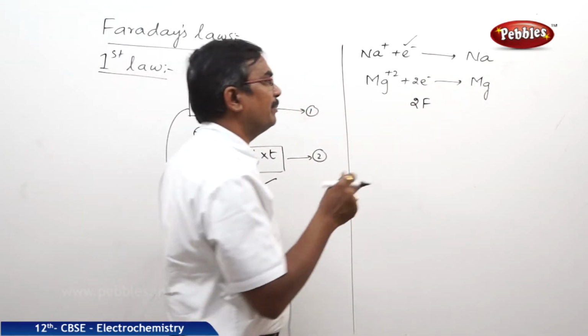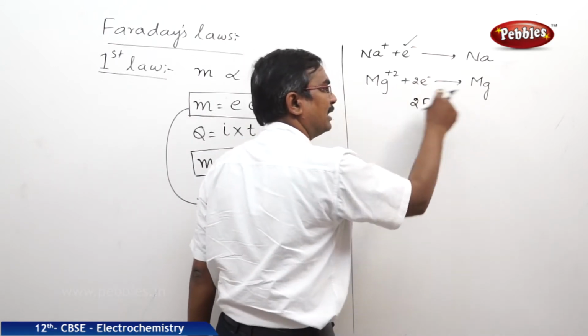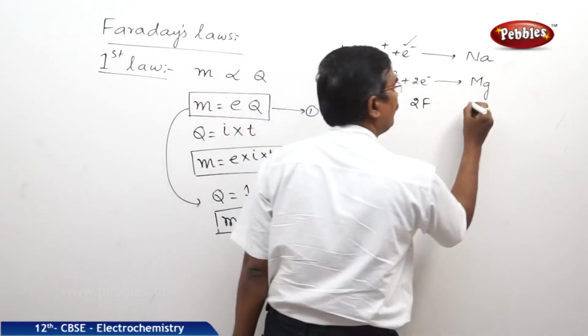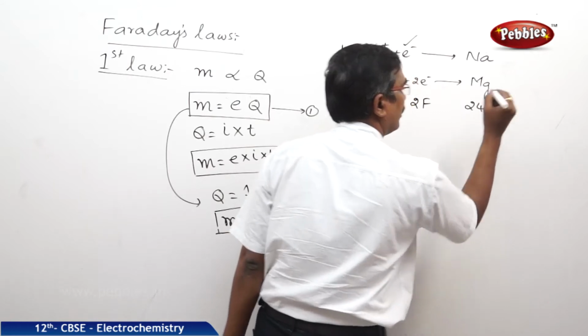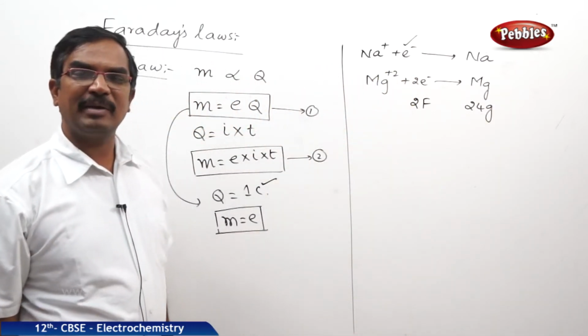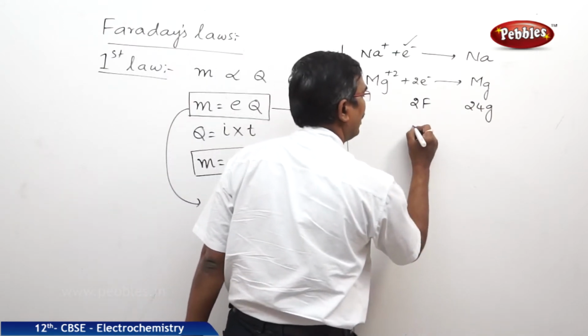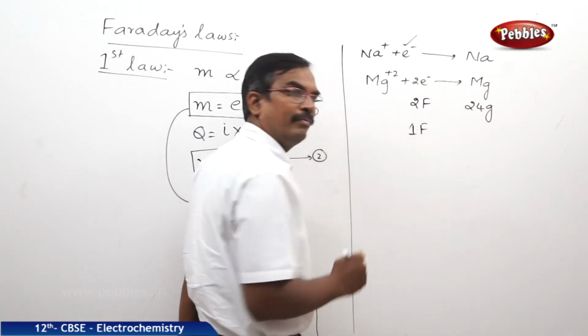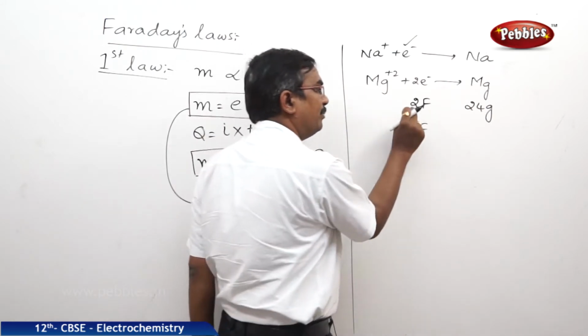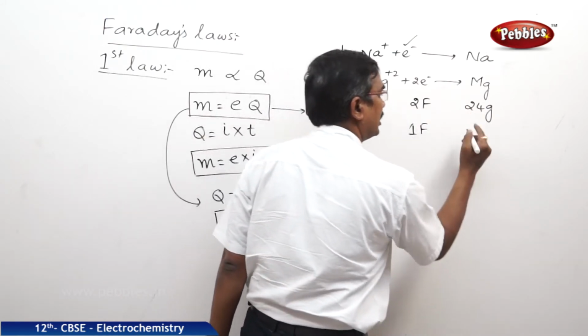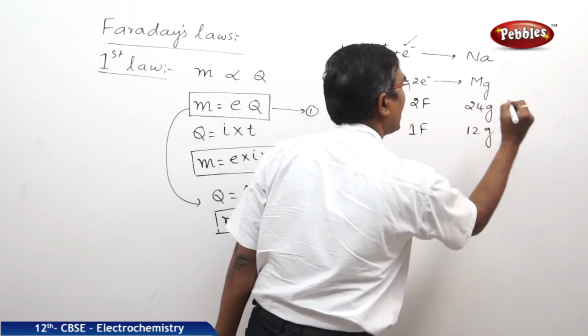The mass of the magnesium deposited is 24 grams, which is the gram atomic weight of magnesium. Suppose I take only 1 Faraday, this divided by 2, that also divided by 2, that means you get only 12 grams of magnesium.